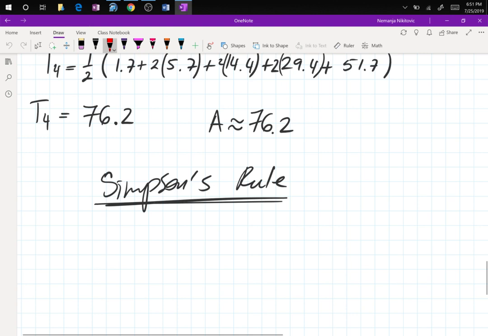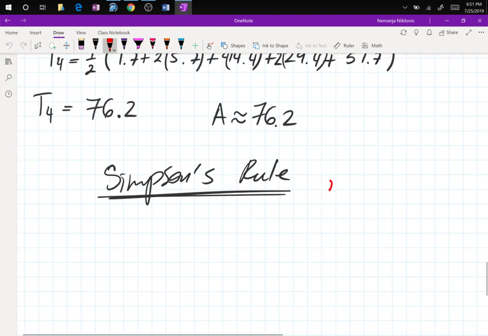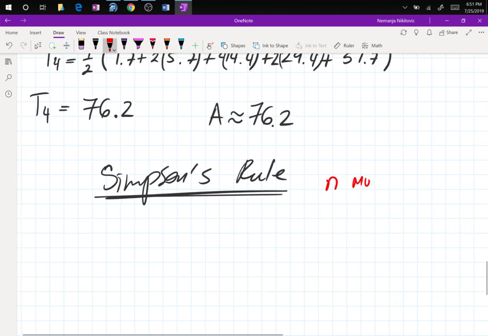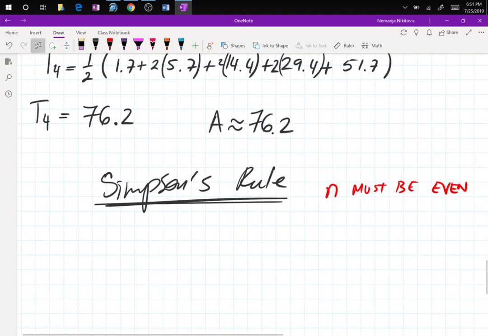First, right next to the title, Simpson's rule, in blood, I get to write n must be even. So, if I ask you to compute Simpson's rule with 5 rectangles, you know I'm trolling. You just say, not possible. And you're done with the problem, right?